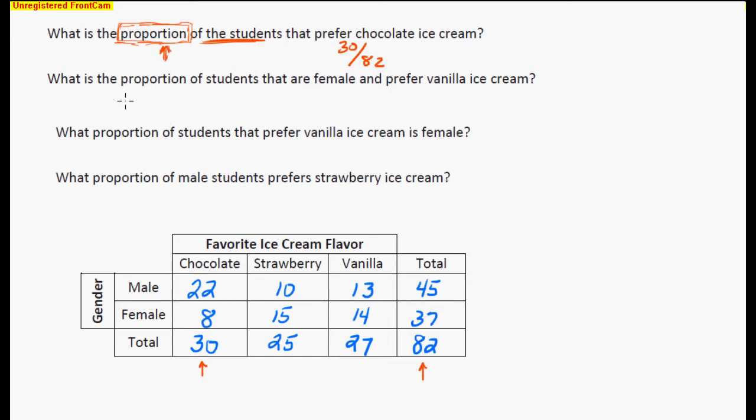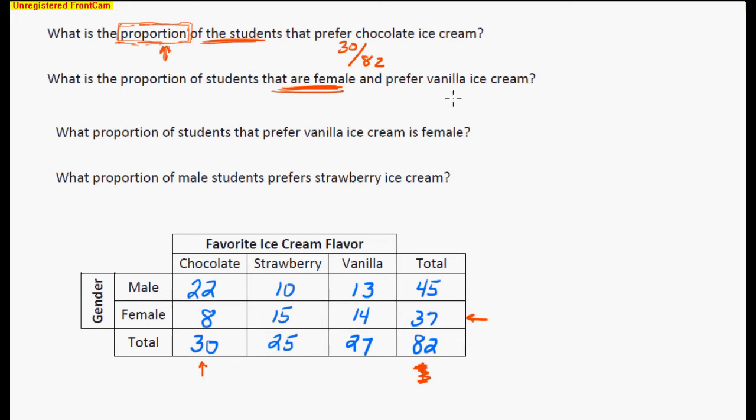So now that one is different. I want you to see the difference here. What is the proportion of students that are female? Okay, this is different. I'm not going to use this total down here. It just wants the proportion of students that are female. So now this is my total. My females add up to 37 females, right?